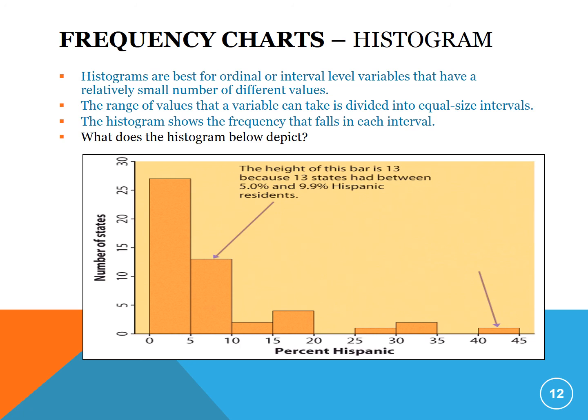And then we have an outlier, a lone star here, and not the Lone Star State of Texas, but New Mexico seems to be an outlier here with 42.1% Hispanics. And it's only one. You can see if you take it all the way across, it's not up to 5. It's definitely not 2, but one state, which happens to be New Mexico, has a Hispanic population of about 42%.